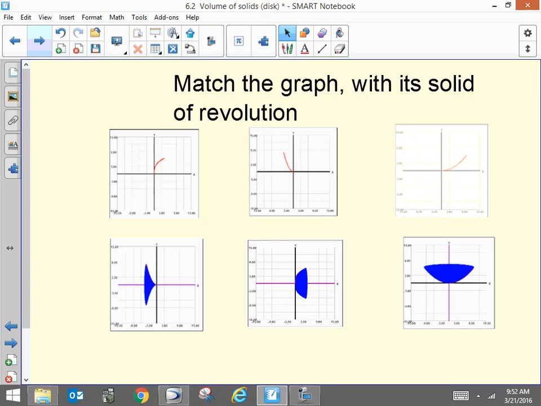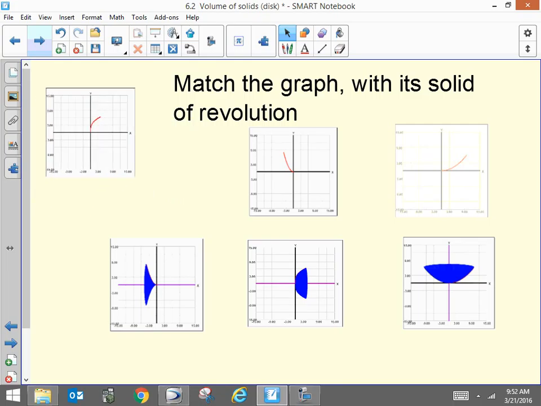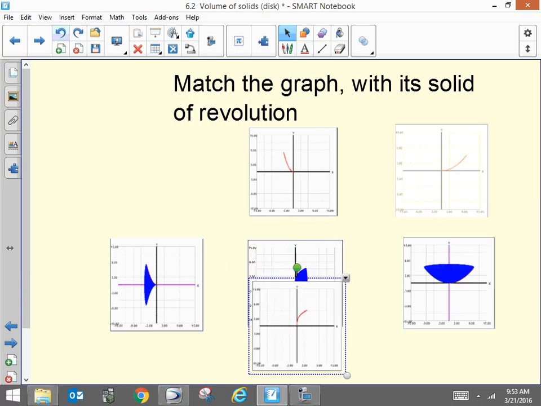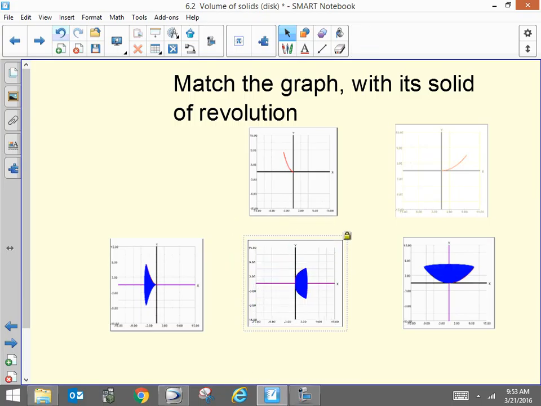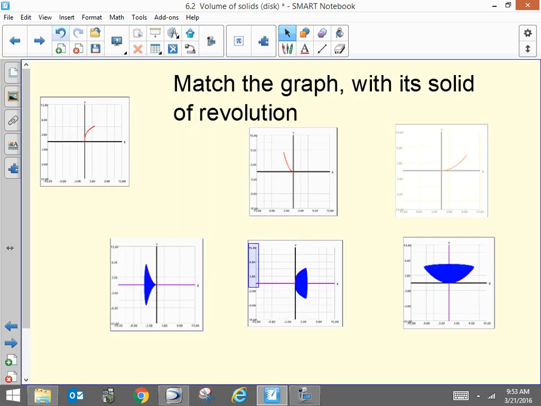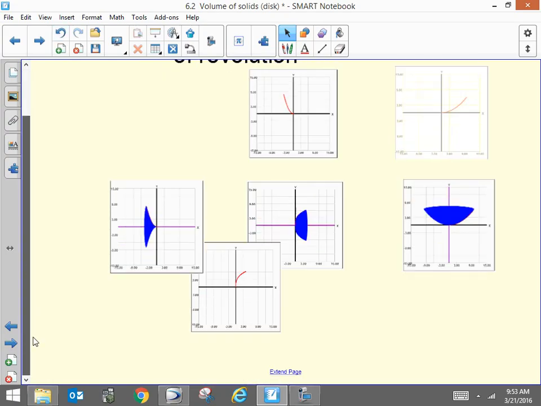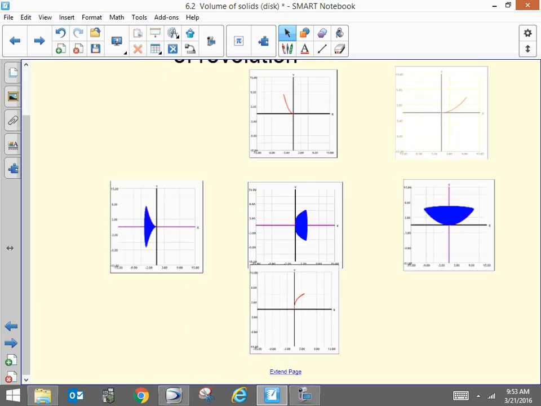Now, I didn't tell you where you're going to rotate it, but which one could be this one? This one, certainly. If you make it transparent, it is. So where do you think you're rotating it? Around the x-axis, right? I'll just circle that, rotating.